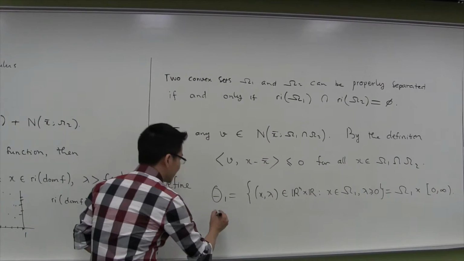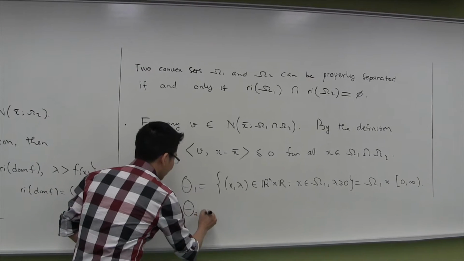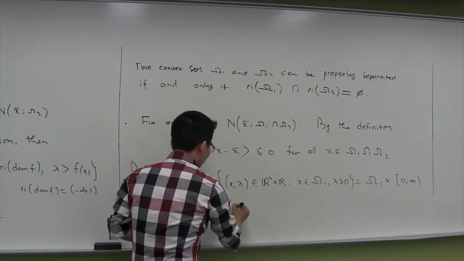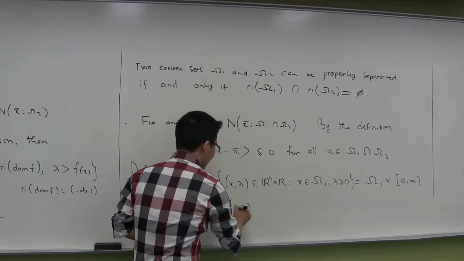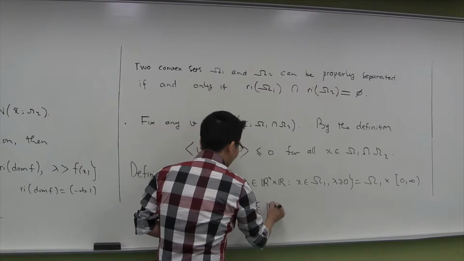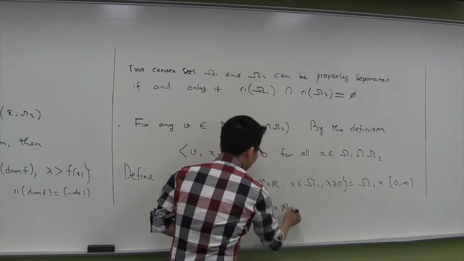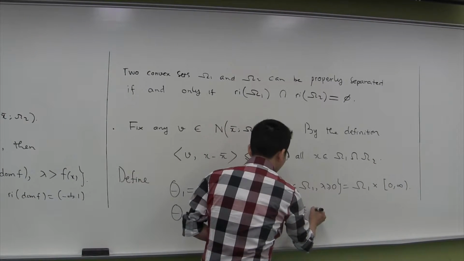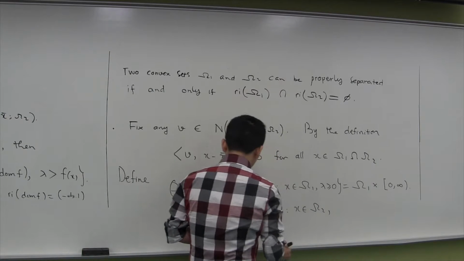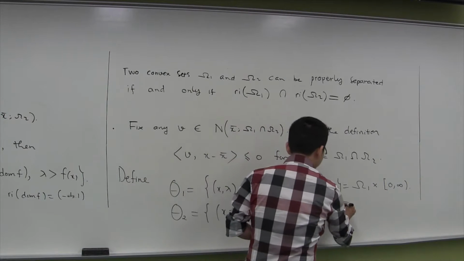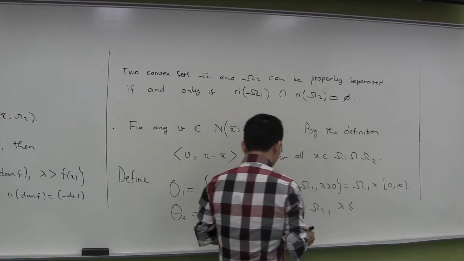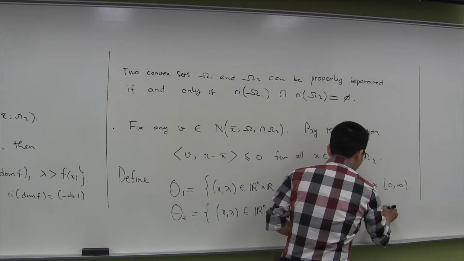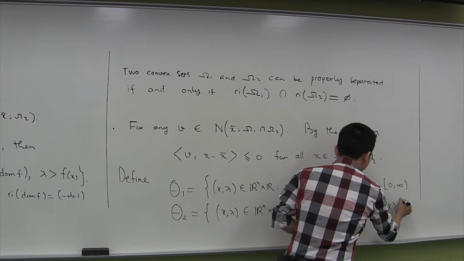And we define the second convex set theta 2 as follows. Theta 2 contains all (x, lambda) in Rn times R such that x belongs to omega 2 and lambda is less than or equal to the inner product of v and x minus x bar.